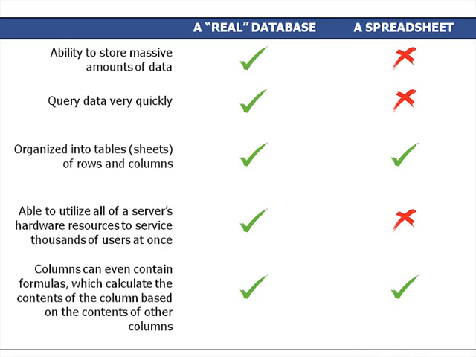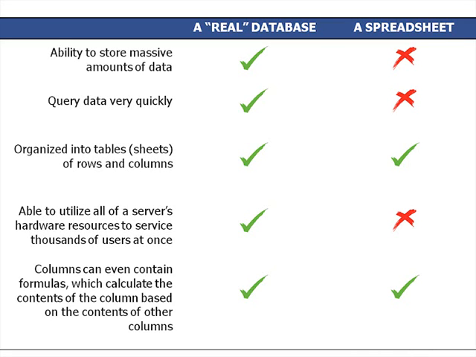A real database is able to utilize all of a server's hardware resources to service thousands of different users at once. A spreadsheet, on the other hand, is only able to utilize a little bit of a computer's capability and is typically designed to be accessed by a single user at a time. A real database has columns that can contain formulas, and those can calculate the contents of that column based on the contents of other columns.